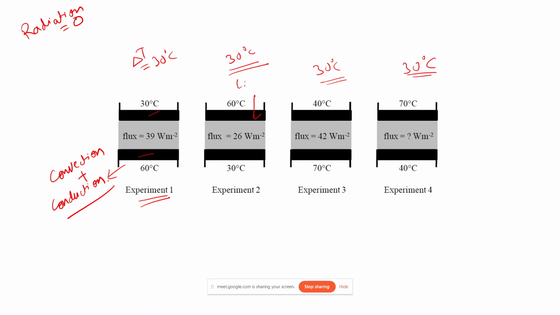So here we only have conduction. Similarly, for this case also, we will be having conduction plus convection, since the bottom plate is at a higher temperature as compared to the top plate. And in the last case, we will be only having conduction.